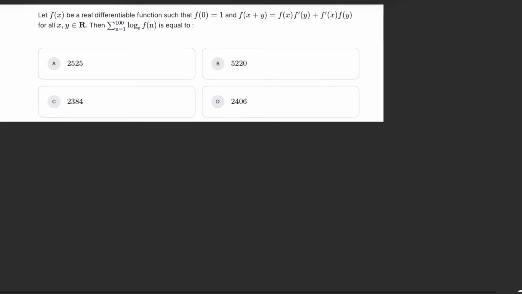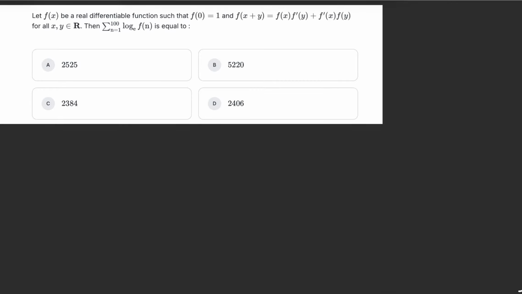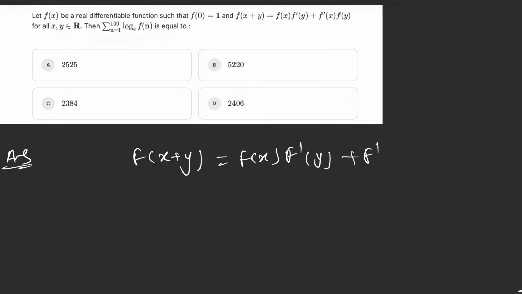Next question is given f of x plus y equals f of x into f dash y plus f dash x into f of y, and we are finding this relation. What is this value? So here we can do this question. f of x plus y is f of x into f dash y plus f dash x into f of y.